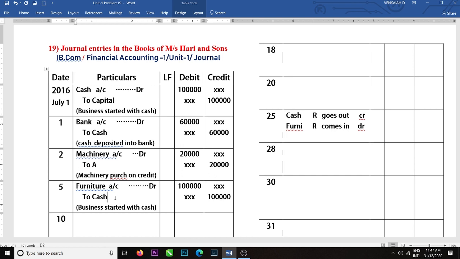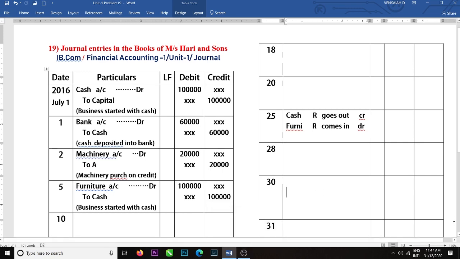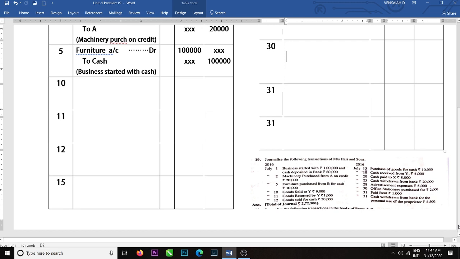Why did we not record B? Because we paid cash, so it is not necessary to record B. Only two accounts are affected here, furniture and cash. Earlier, the machinery was not a cash transaction but a credit transaction, so we recorded the name of A. The amount is 10,000.